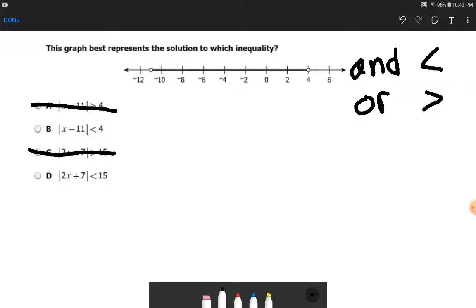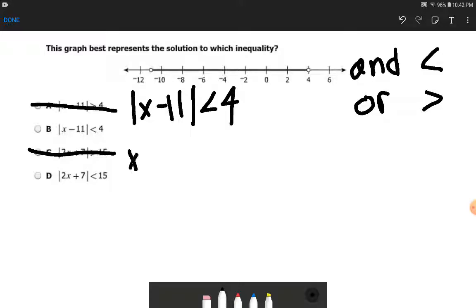Now next, there's two methods we can do to find the answer. One, we can plug in numbers and see if they work on the graph, and two, we can solve both of the inequalities. So first, let's solve both of the inequalities. So let's do B, the absolute value of x minus 11 is less than 4.